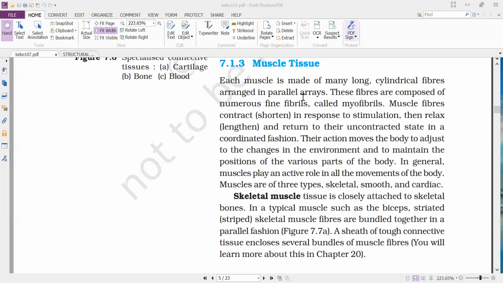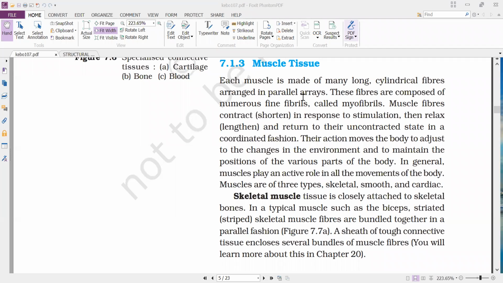Next, when you observe, the muscles are of three types based upon their structure and function, based upon the structure and function of the muscle fibers present in a muscle. The three types are skeletal muscle, smooth muscle, and cardiac muscle.